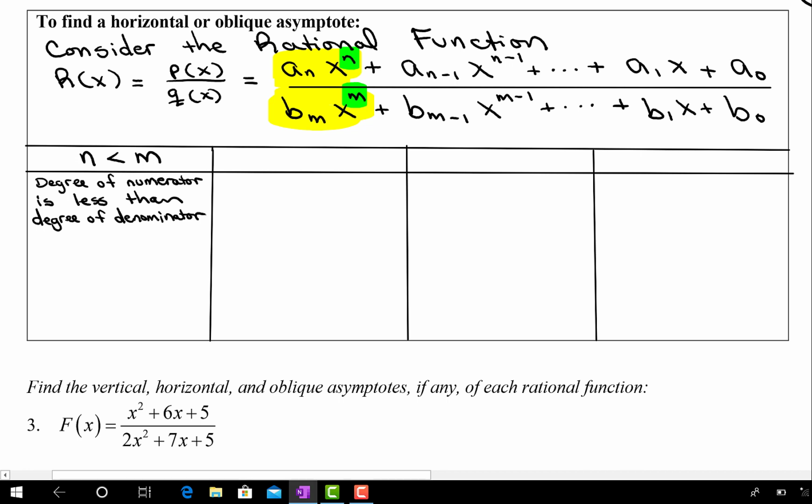So if the degree of the numerator is less than the degree of the denominator, this is what's going to happen. You are going to have a horizontal asymptote at y equal to 0. Y equal to 0 is a horizontal asymptote to our rational function.